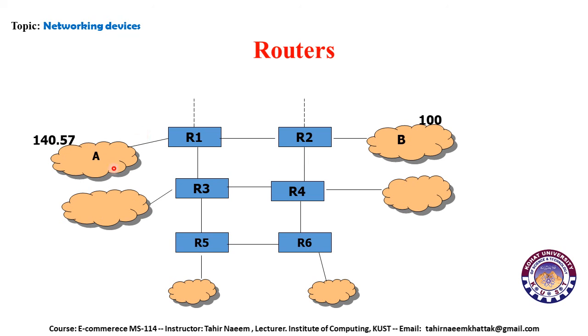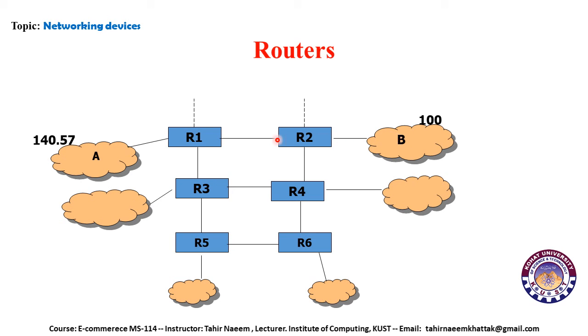Whenever the data is sent to router 1, R1, it will search its routing table and find the most efficient path towards network 100. It will find that R2 is the shortest path towards network 100, so it will forward the data packet towards R2, and R2 will forward this data towards 100.